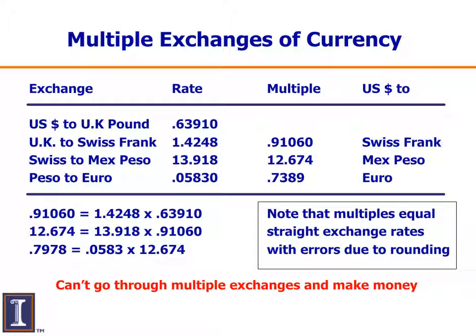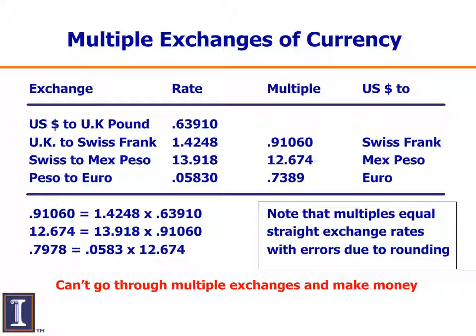That multiplication is given in the line below the heavy black line, just multiplying the US to the UK pound and UK to Swiss franc exchange rates. What that 0.9106 represents is an exchange from US dollar to UK pound, and then taking the UK pound to the Swiss franc. So we made two exchanges, US to UK pound to Swiss franc.